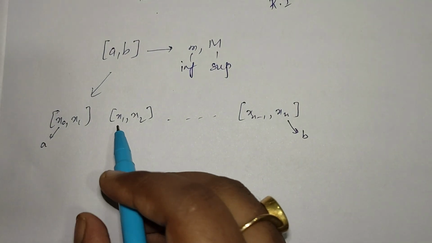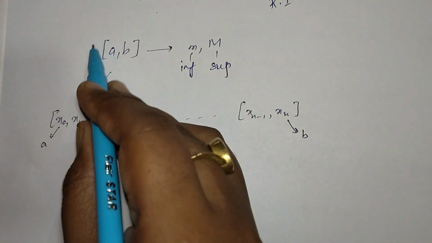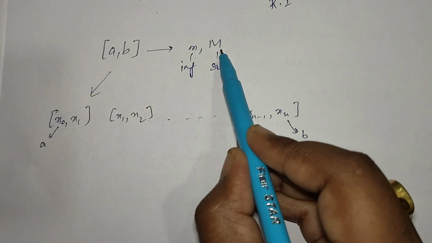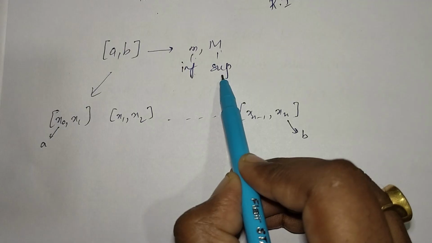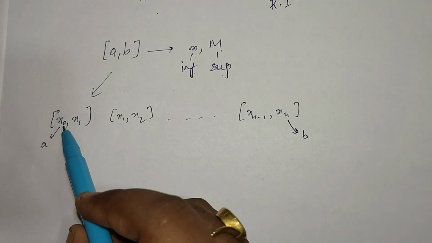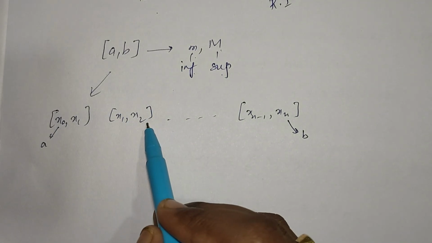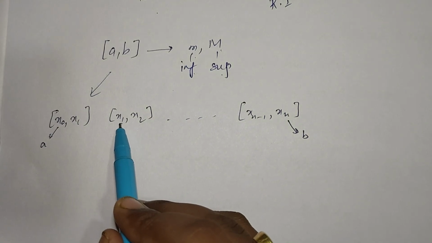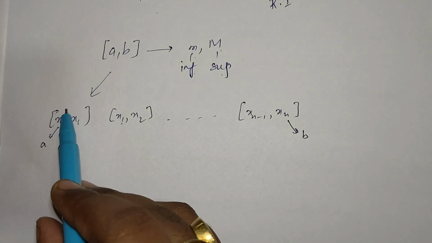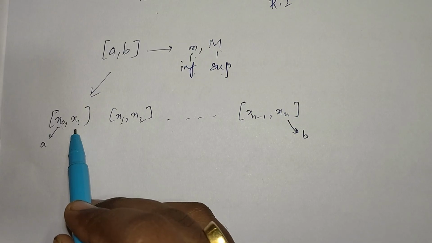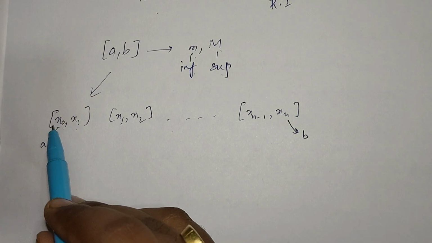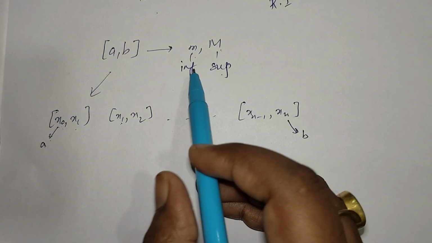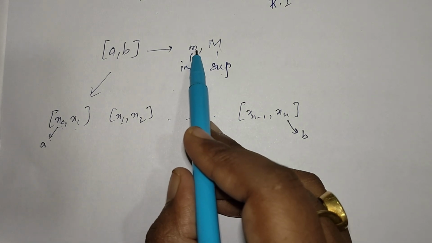Okay. So here for this whole closed interval [a, b], small m and capital M are the infimum and supremum. So here, if you take the next interval, obviously the infimum will be greater than this. If you consider the first interval only, then that infimum will be equal to this m.